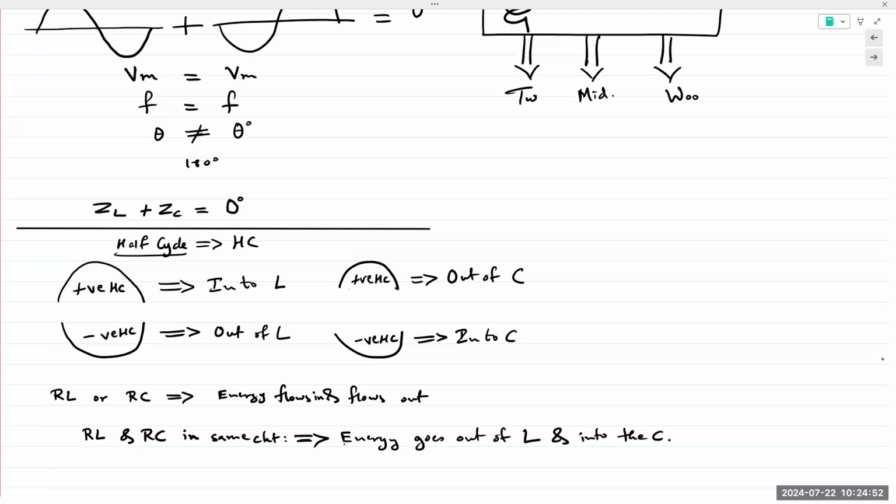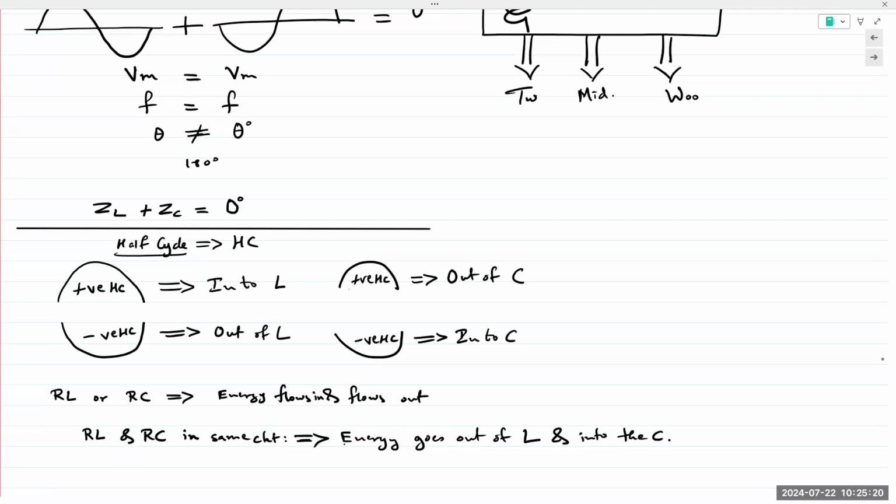Now when the energy goes out of the capacitor in the next positive half cycle, it now goes into the inductor. So there's an energy transfer taking place between the inductor and the capacitor constantly.